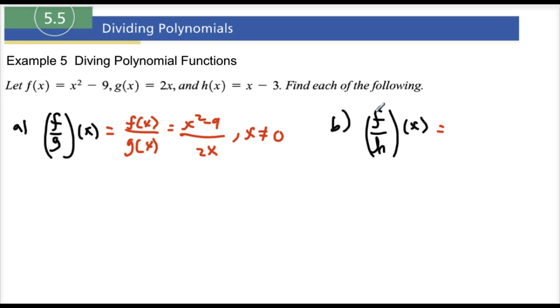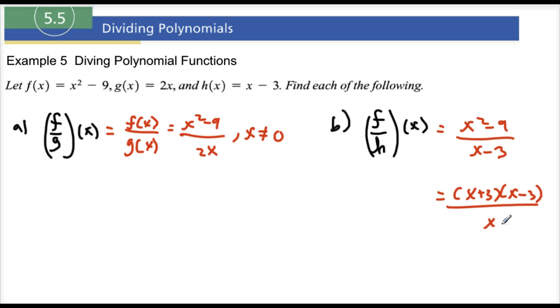All right, coming over here now, f over h. So we know that our f of x was x squared minus 9, and our h of x is x minus 3. Now if you factor x squared minus 9, that's a difference of two squares. So that's x plus 3 times x minus 3, all over x minus 3.